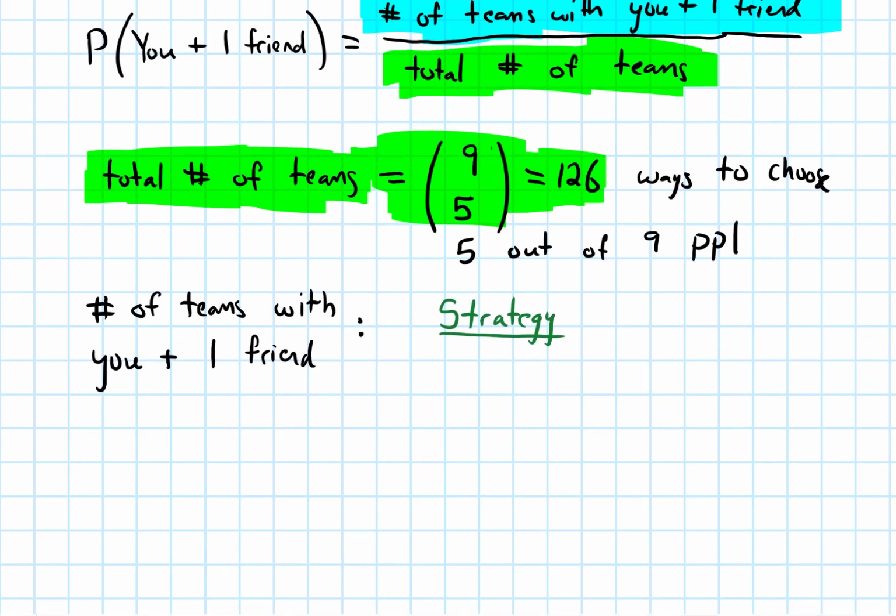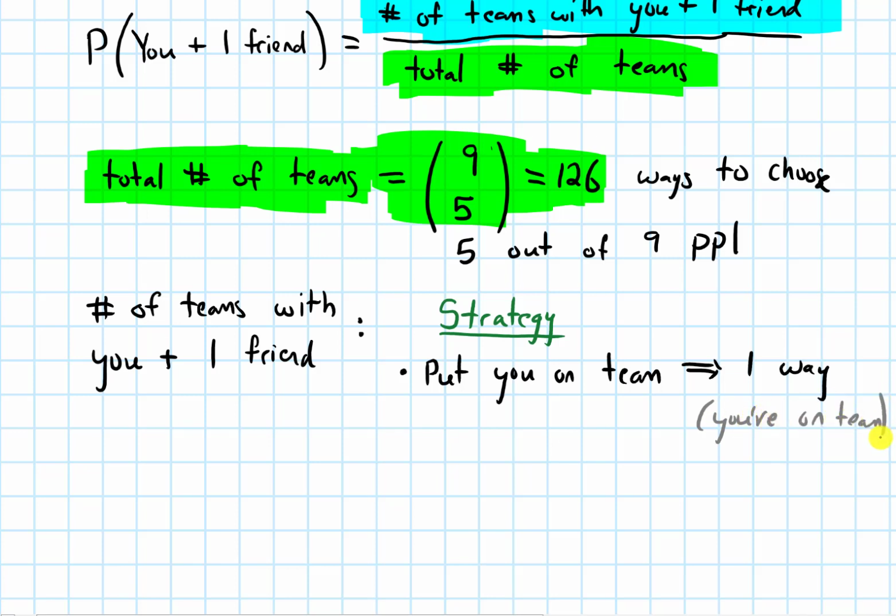Okay, so for our strategy, let's first put you on the team. We have to make sure that you are on the team. And in this problem, we don't care about what position you're playing or what order you're picked. So there is just one way to put you on the team.